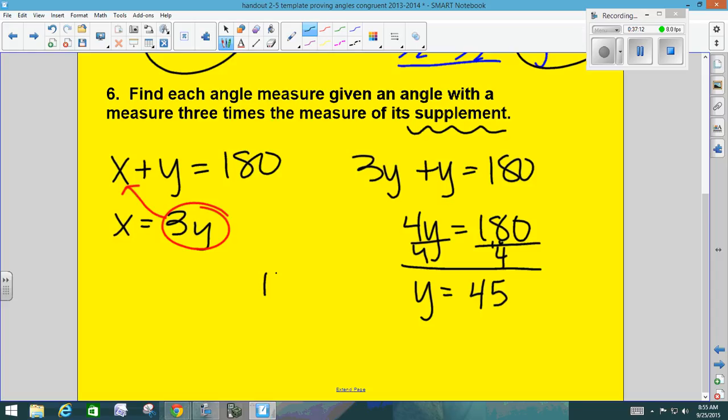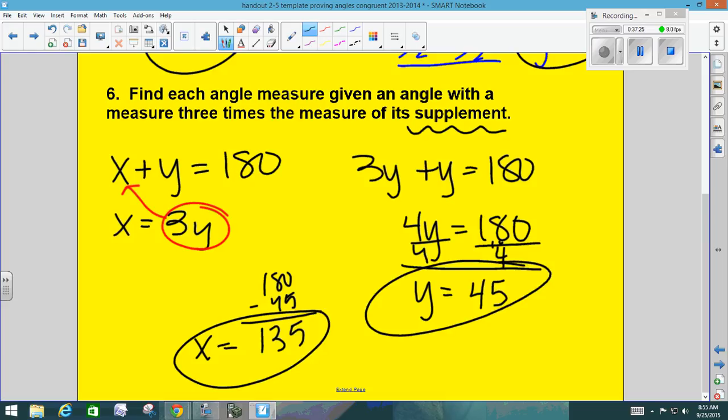Yeah, you could take 180 minus 45 because we know they're supplementary. Or we could also take 45 times 3, and we would get the same answer. So here are your two angles. Homework today.